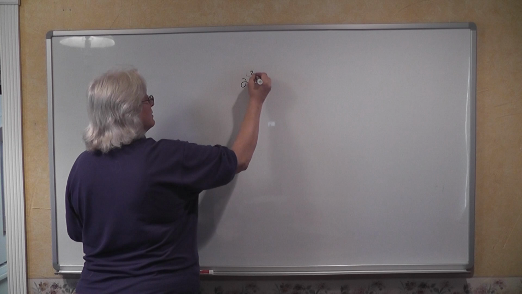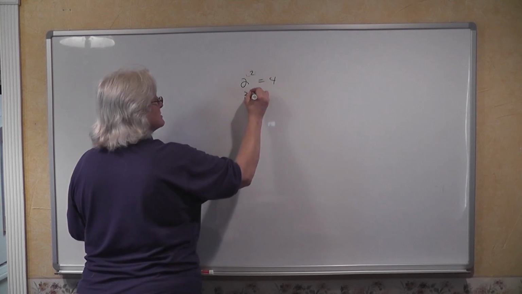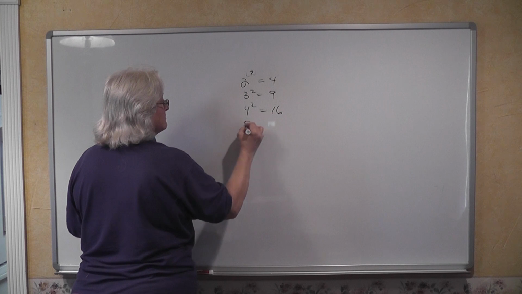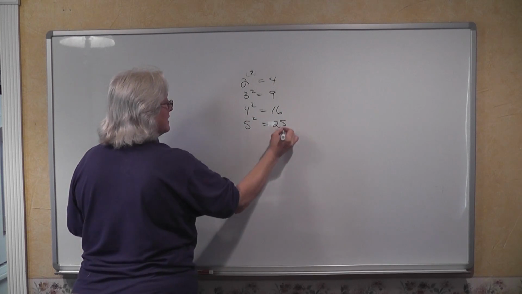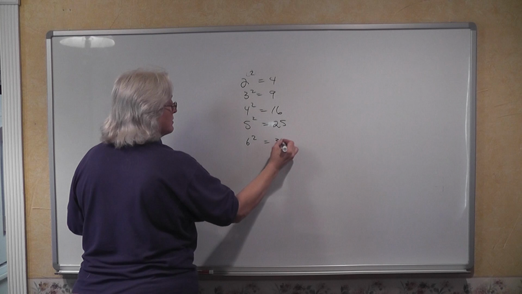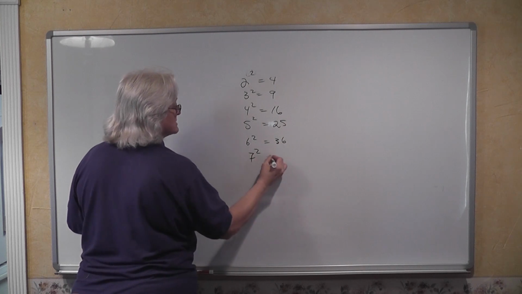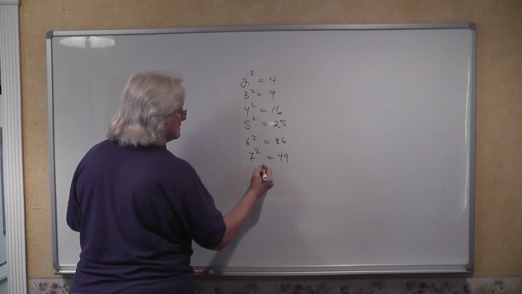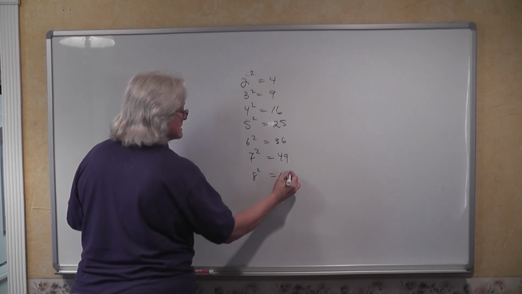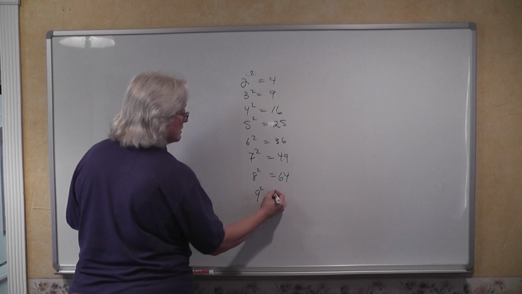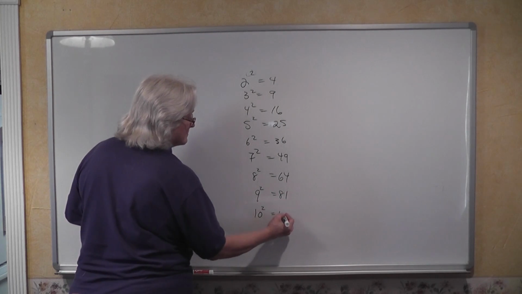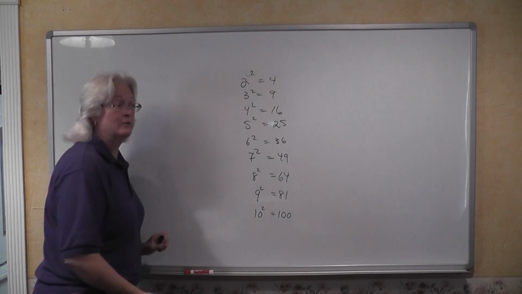2 squared is 4, 3 squared is 9, 4 squared 16, 5 squared 25, 6 squared 36, 7 times 7 is 49, 8 times 8 is 64, 9 squared is 81, 10 squared is 100.